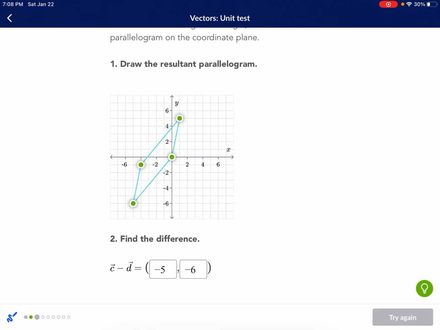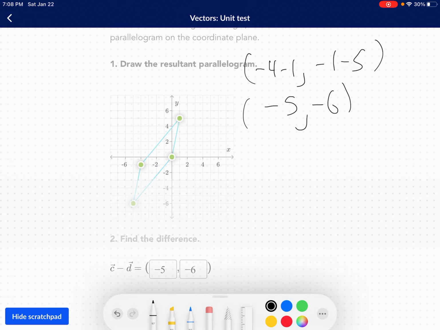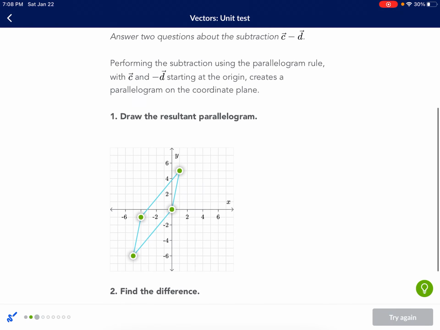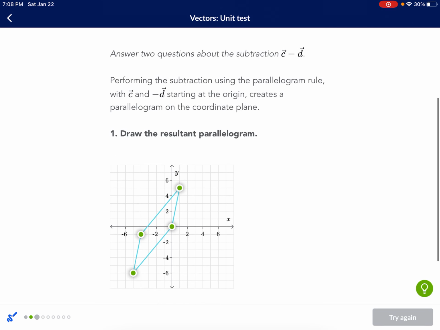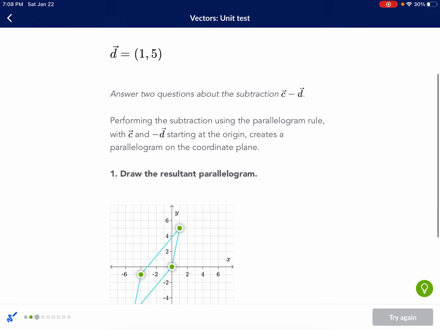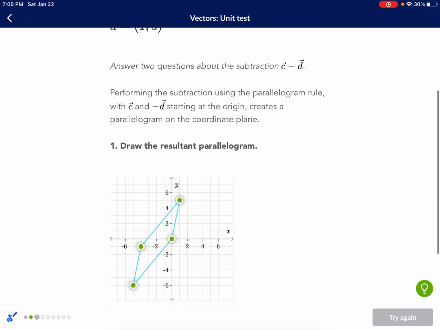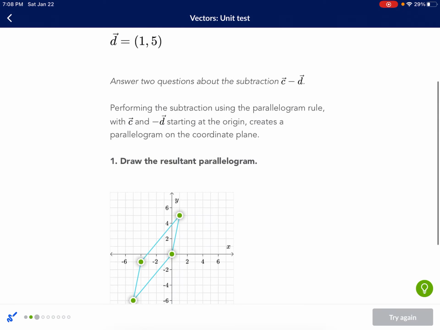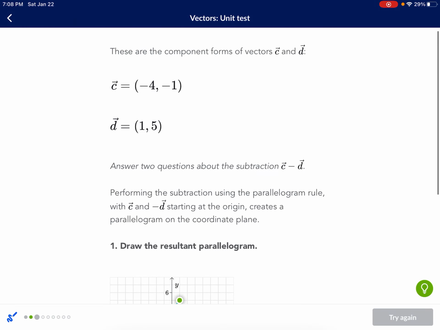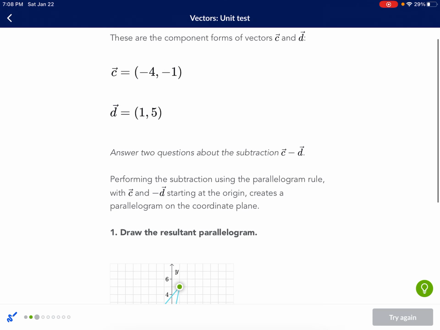Oh, what did I do this time? What did I do? So I have a point at negative 4, negative 1, and 1, 5. Right? Point at negative 5, negative 6. C minus D. Look at the hints here.